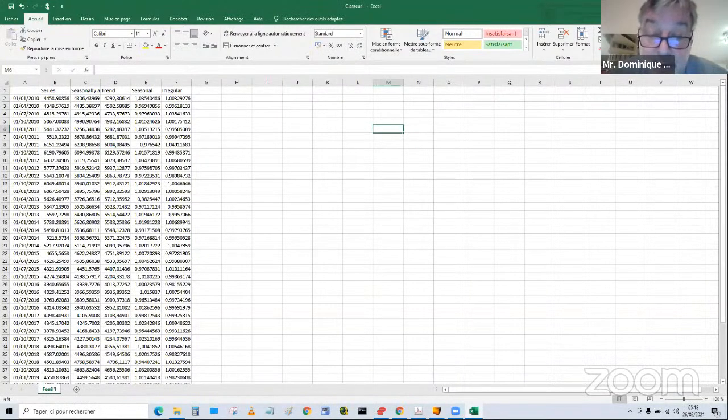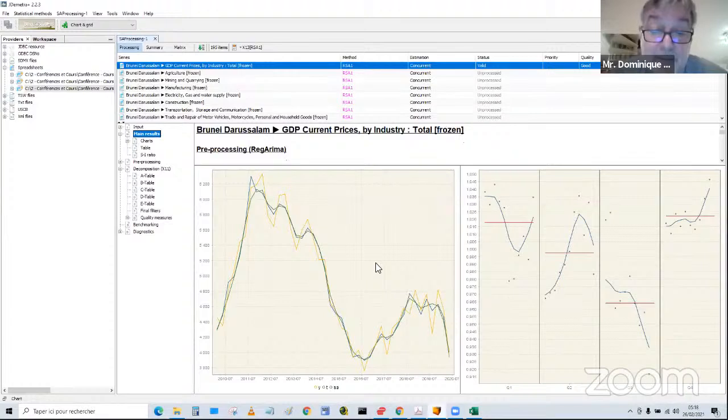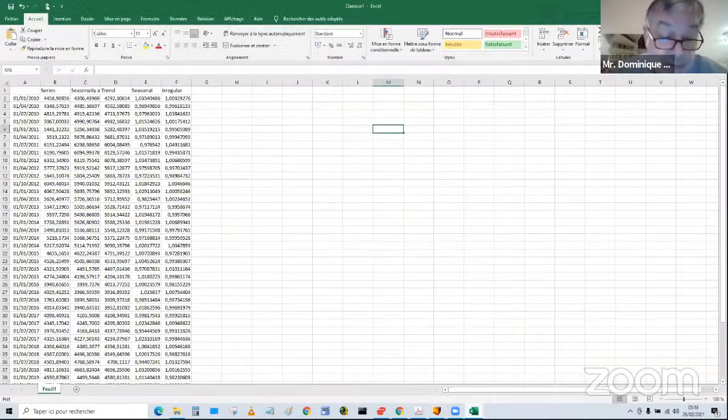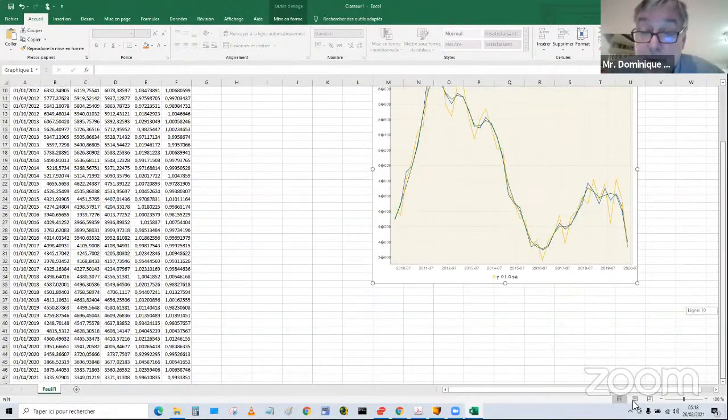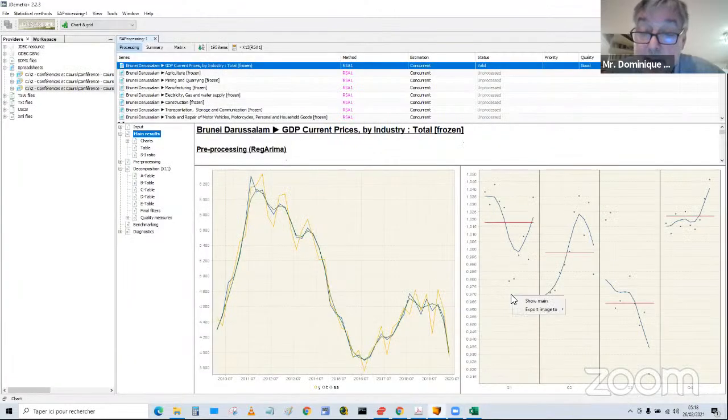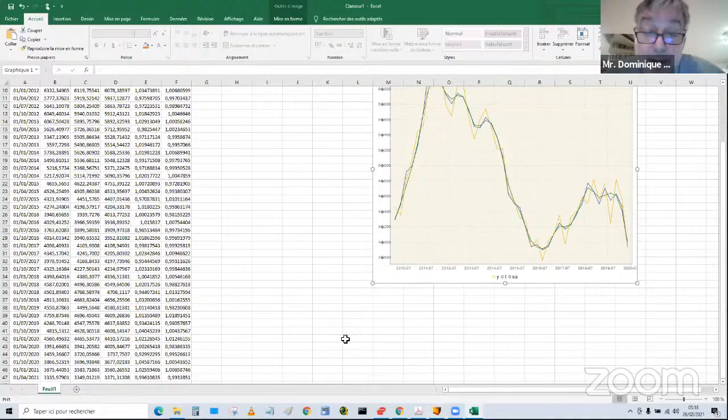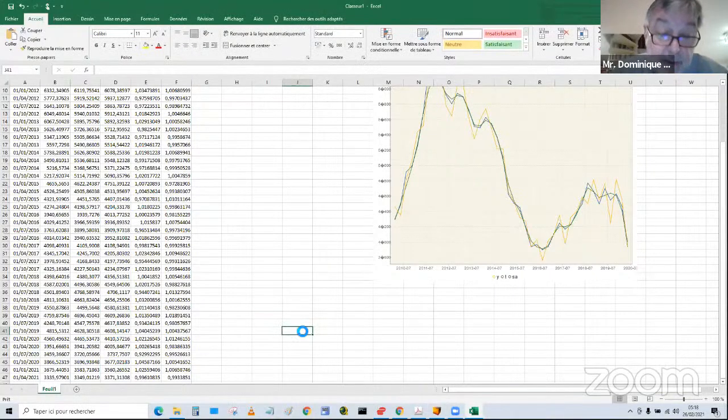Export image to clipboard. I go back and paste here. So I have it here. It's very convenient. You can do it for the other graph too. You right click, export image to clipboard, and you go back to Excel or Word or whatever, and you put it inside.